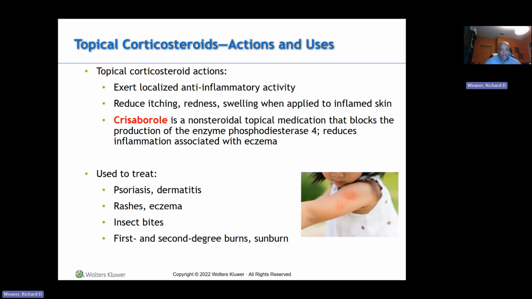One of the drugs, called crisaborole, is a topical medication used in the treatment of eczema that is not steroid based. They actually refer to it as a phosphodiesterase 4 inhibitor. Now, phosphodiesterase is a particular enzyme which regulates inflammation.